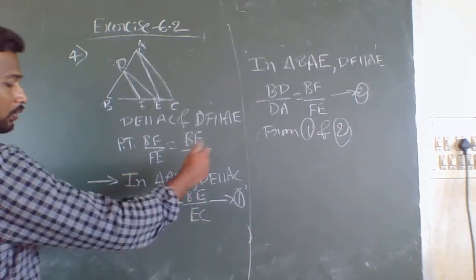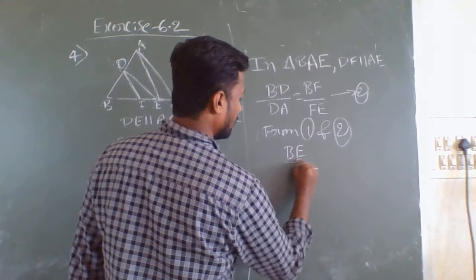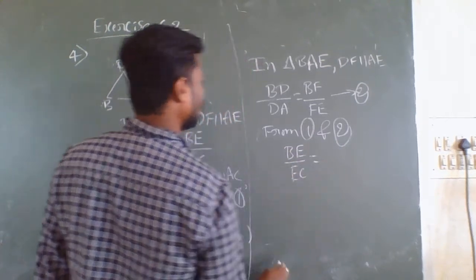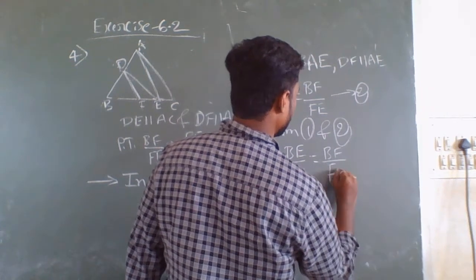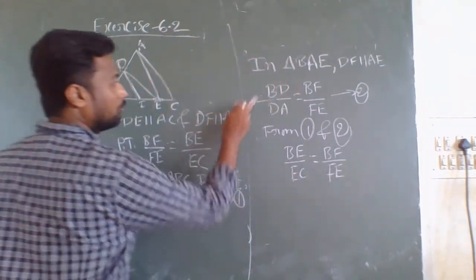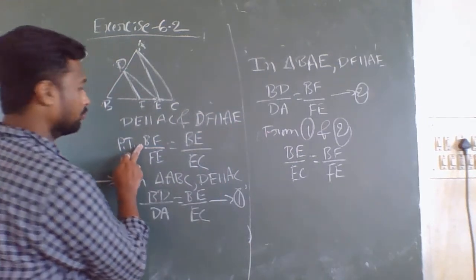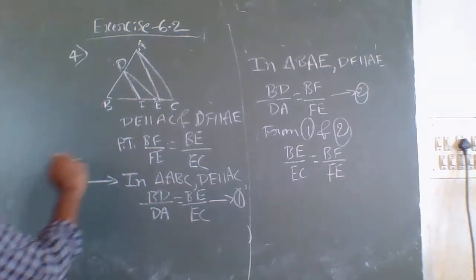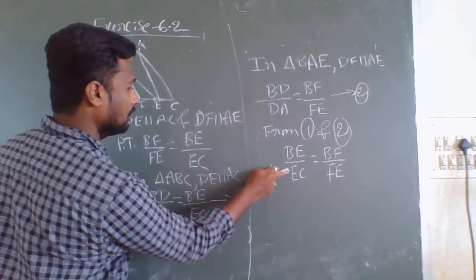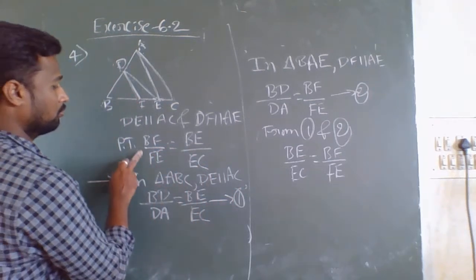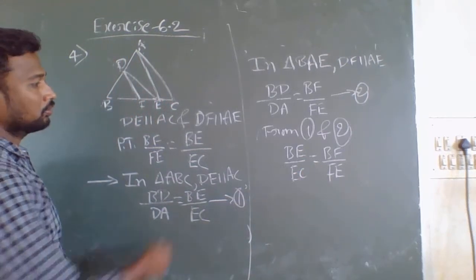Therefore BE by EC is equal to BF by FE, because these two are equal to BD by DA. Now we have proved what is given.